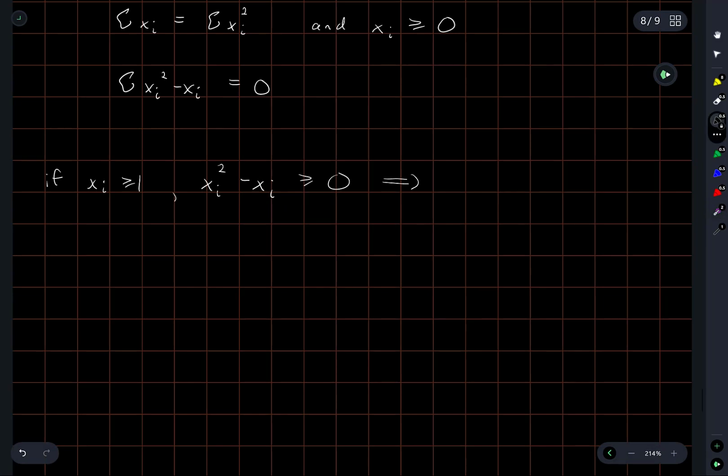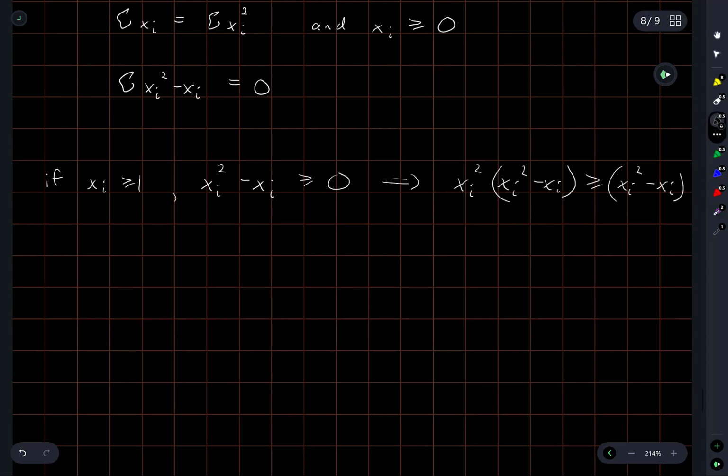And this implies xi squared times xi squared minus xi is greater than or equal to xi squared minus xi. And why is that? Well, this number is positive and this number is greater than 1, so it's gotten bigger when I multiply these two things together.